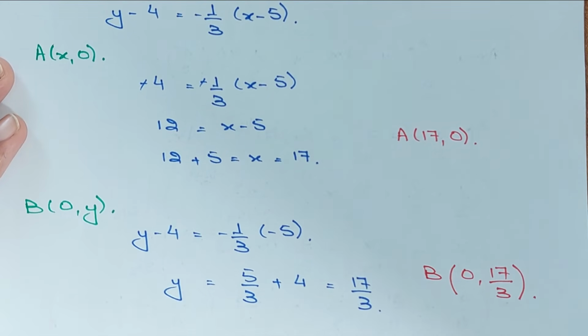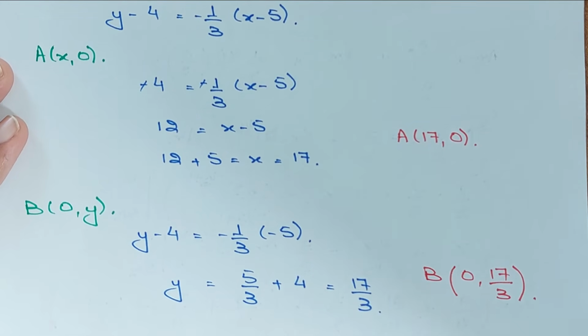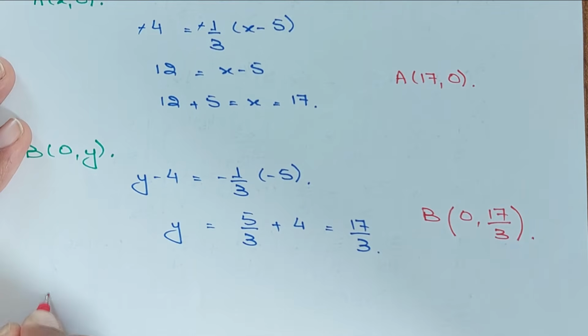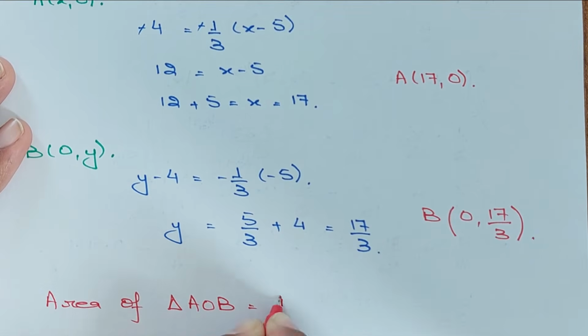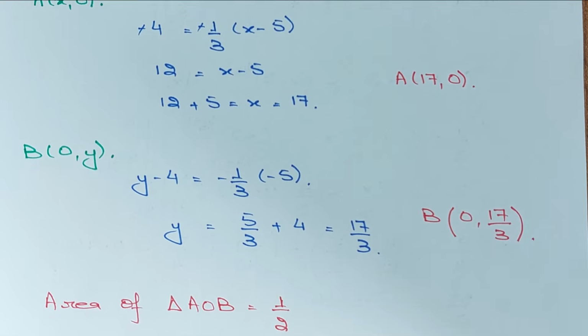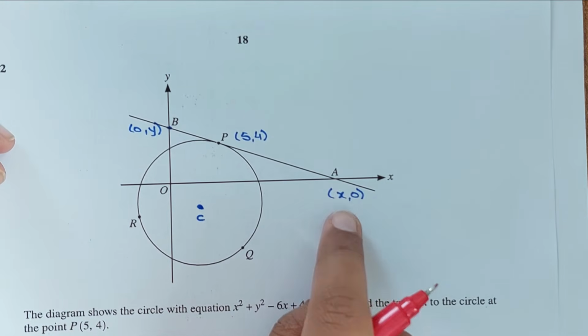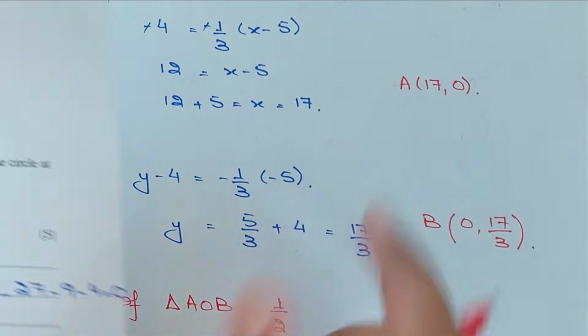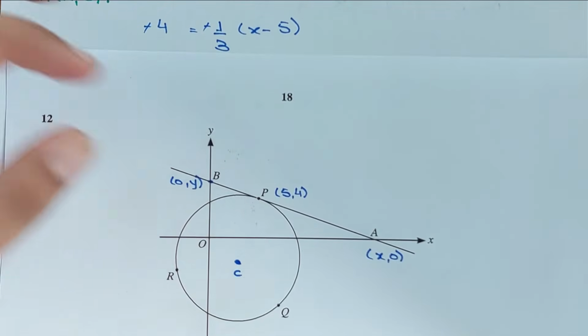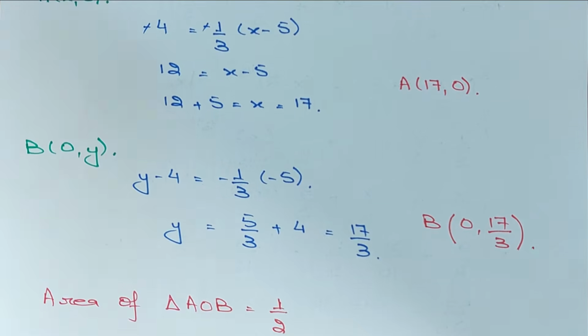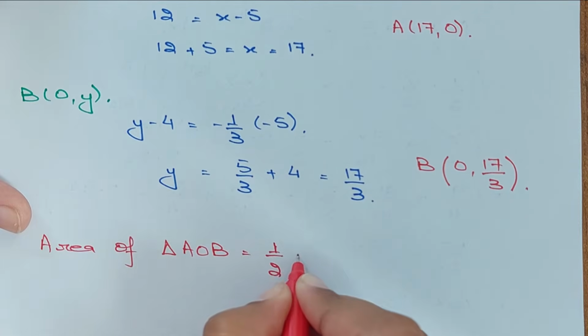All right, now we have to find the area of triangle AOB. Let's do this. The area of triangle AOB is half base times height. The base is the distance OA, O to A, which is the x value 17, and the height is O to B, the y value 17 over 3, right?